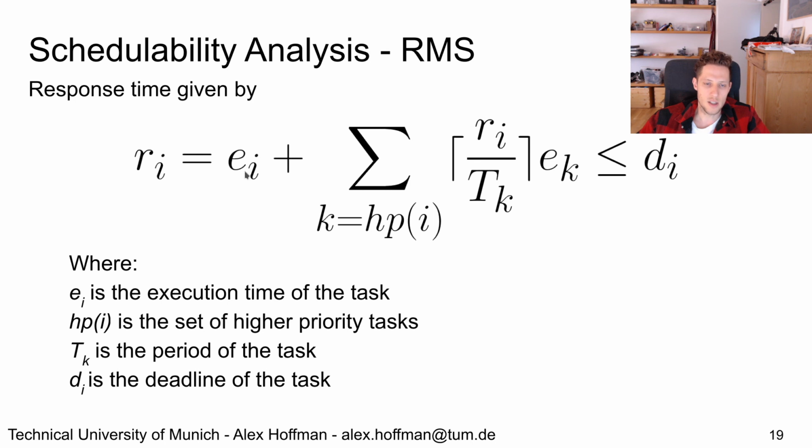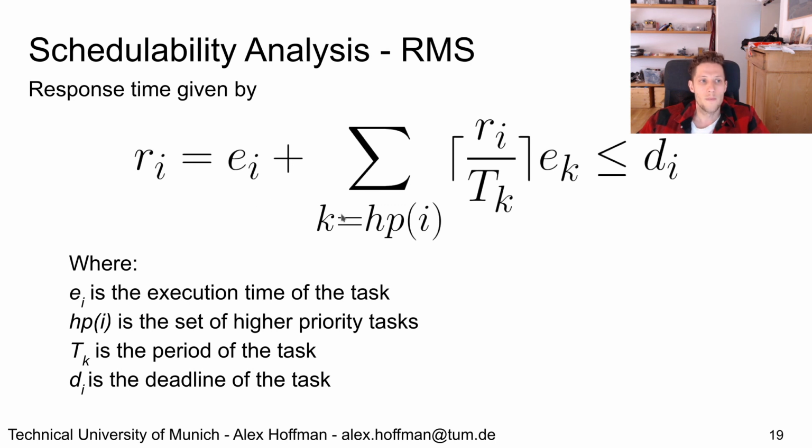So this is the execution time plus the possible delays of all higher priority tasks, and this will give us our response time. This sum generates the possible delays that we can incur, plus of course the time that it takes to actually execute.